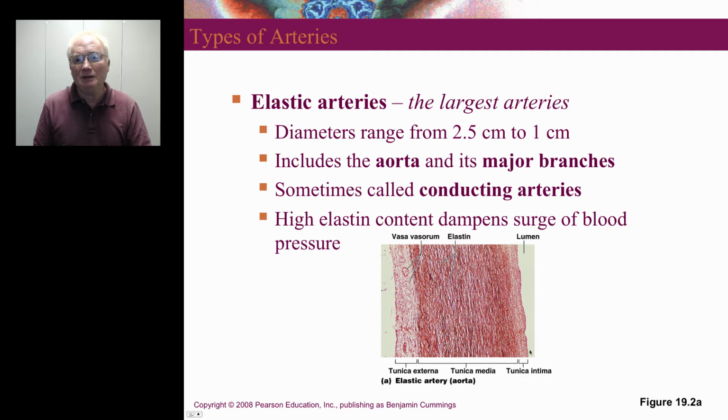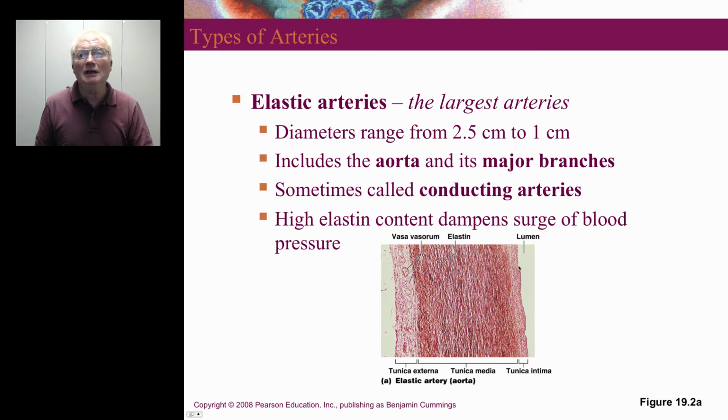Another name for that simple squamous epithelium in the blood vessels only is endothelium. The tunica intima, the tunica media, and the tunica externa with connective tissue, which has fibroblasts, it has collagen fibers, and in the largest vessels, it has blood vessels that supply the tissue of the wall of the blood vessel.